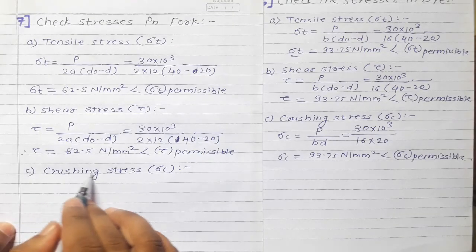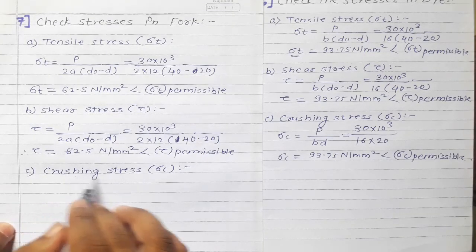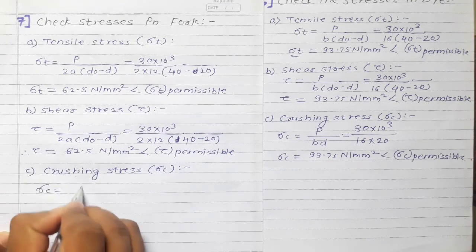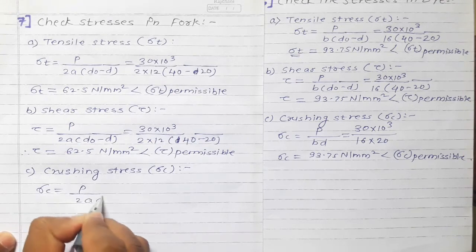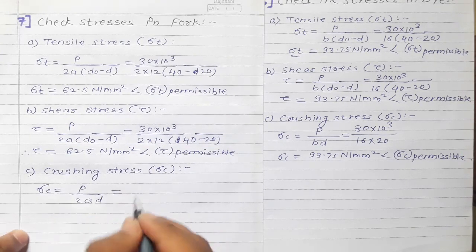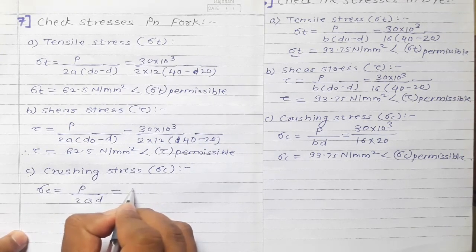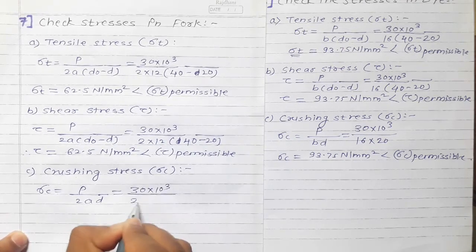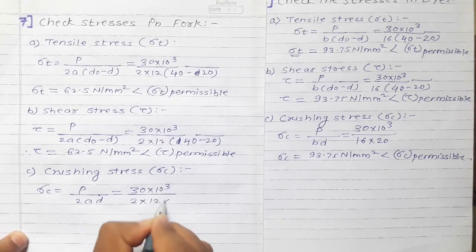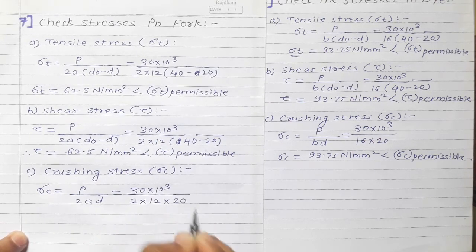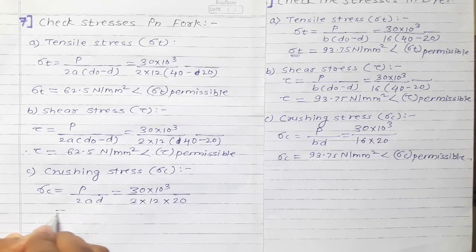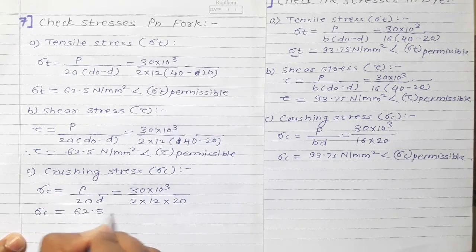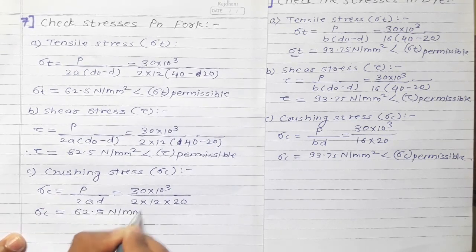Now the last stress in this fork is crushing stress, that is sigma C. Now the induced crushing stress is given by equation P upon twice A into D. Now let us find out this value of induced crushing stress. So put the value of P, put the value of A. The value of A is 12 and value of D is 20. So if you calculate this, the answer of this induced crushing stress will be 62.5 Newton per mm square.